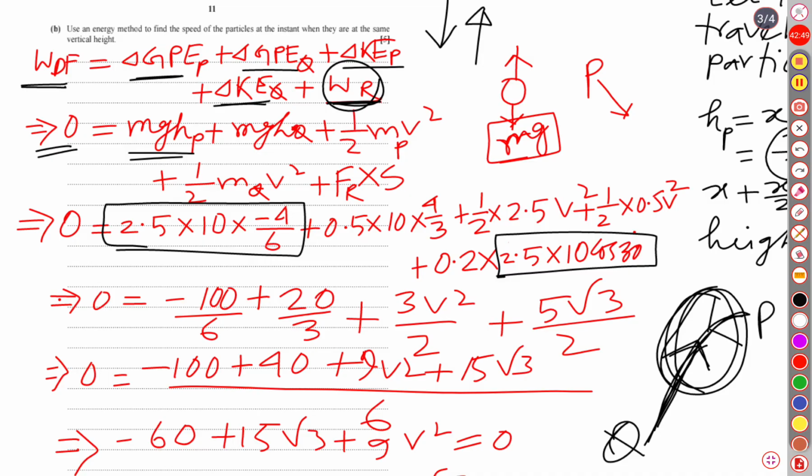Only weight was a resistance force for Q. Weight is not calculated in the work-energy method, because weight is due to the change of potential energy, which has already been calculated. So for P, the only resistance force that worked here is the frictional force, which is mu R. Mu is 0.2, and R we have already calculated, mg cos 30 degrees.